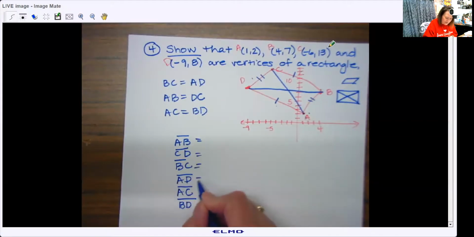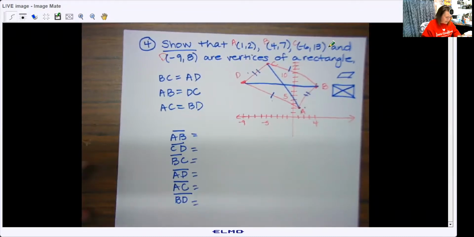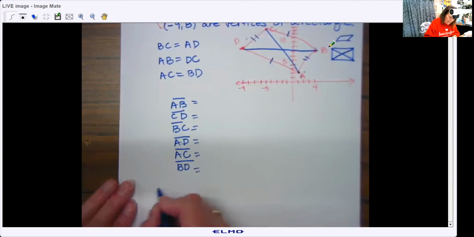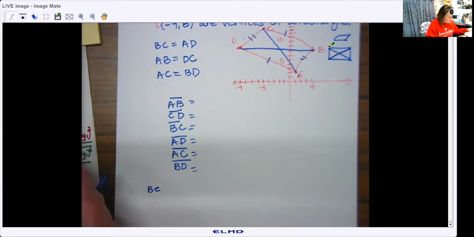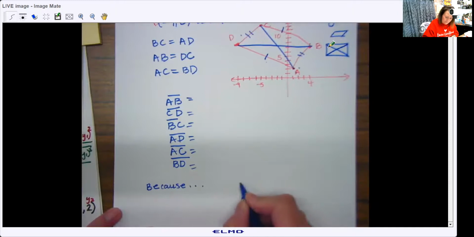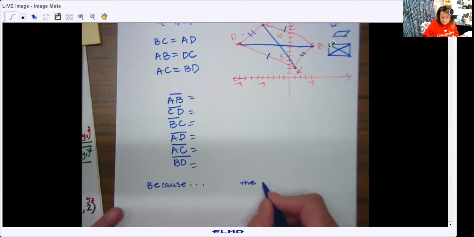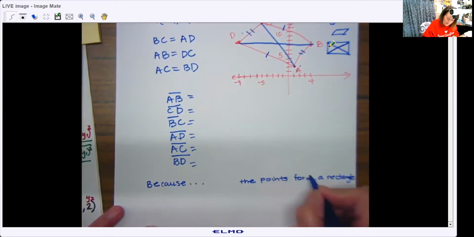Now, we're not going to finish that, but I just wanted to talk about it. When you're finished, you would need to write a reason, something like "because the points form a rectangle," or "because the points do not."